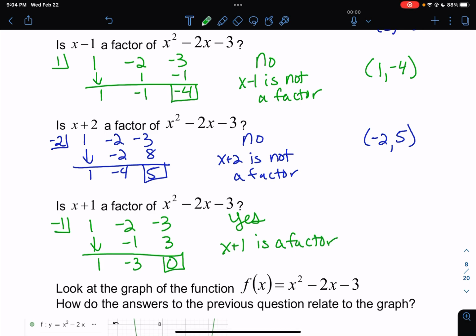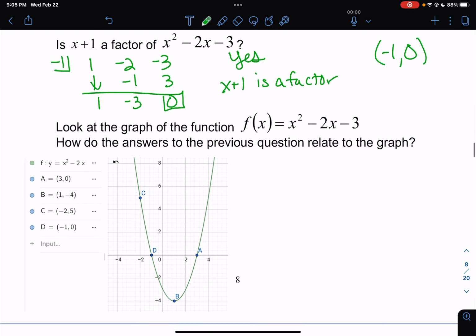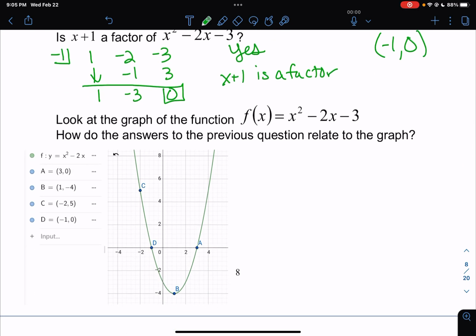And there is a point that corresponds to the graph, where x is -1, y is equal to 0. This is going to give us another tool for factoring polynomials, and this could be very helpful as we proceed through the chapter.